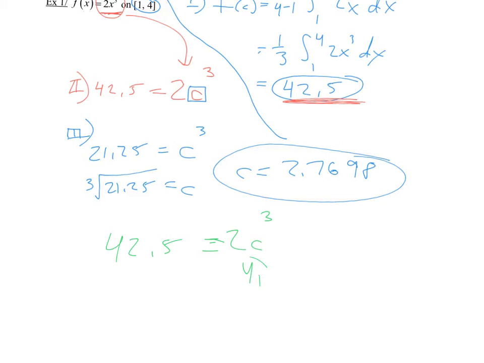Graph this into y1, graph this into y2, and literally see where they intersect on your graph. Now, because that's such a big number, you might have to zoom out, or you might have to change your window, but you could literally graph this function, and then just use the intersect to see where they intersect. The other thing you could do is if you have 42.5 equals 2c cubed, you could subtract 42.5 from both sides.